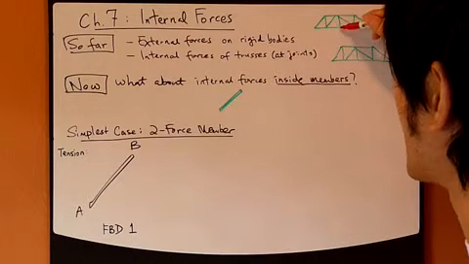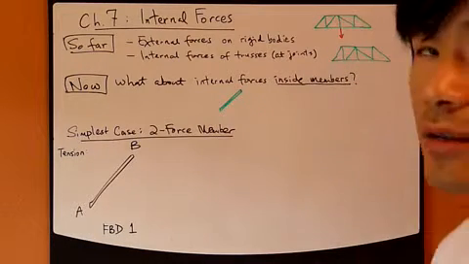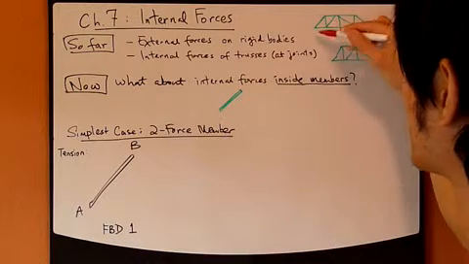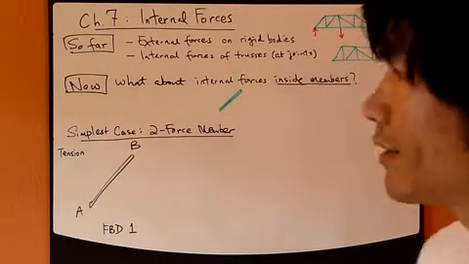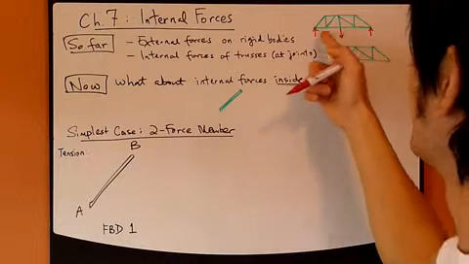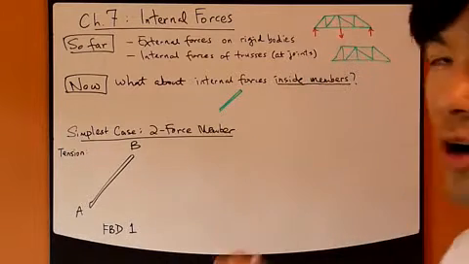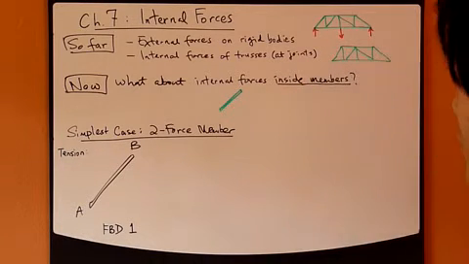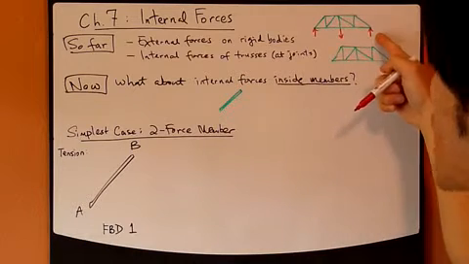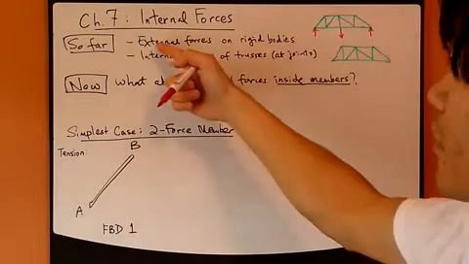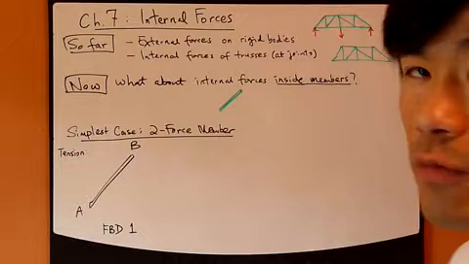You might have a concentrated load applied in the middle joint right here, and then at the two ends you have the reaction forces. These three forces are external forces: the applied concentrated load, and these two reaction forces.